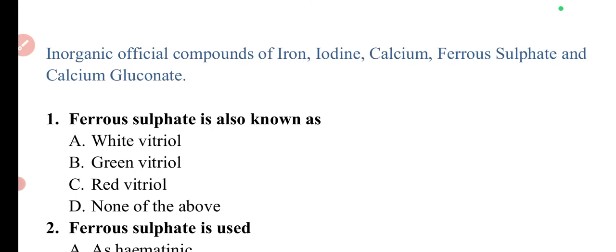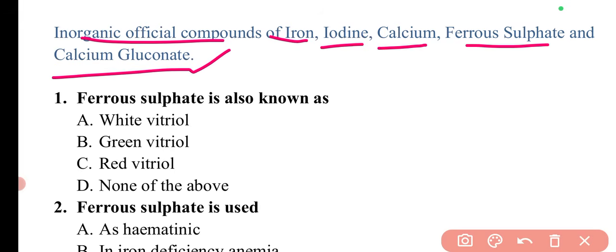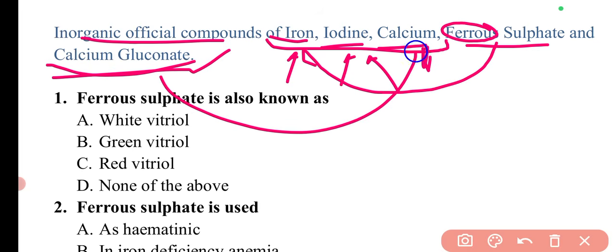Next, we are going to discuss the next topic, that is the inorganic official compounds: iron, iodine, calcium, ferrous sulfate, and calcium gluconate. In the other videos, like in unit number 3, we have already discussed the important points regarding iron, iodine, calcium. So ferrous sulfate is another form of iron, calcium gluconate is a form of calcium.